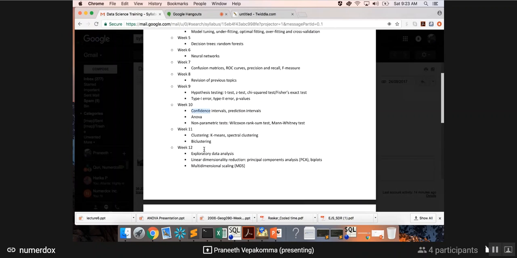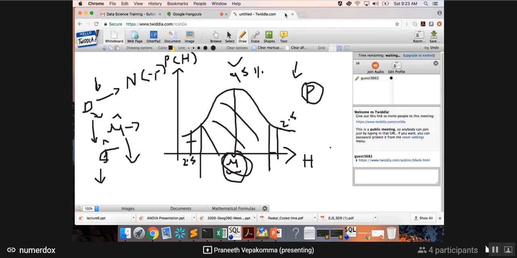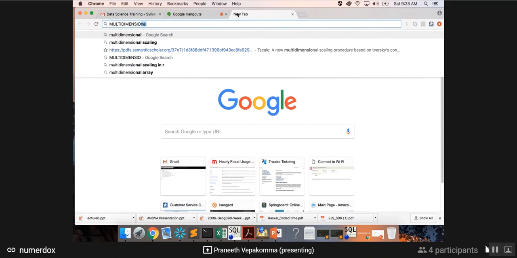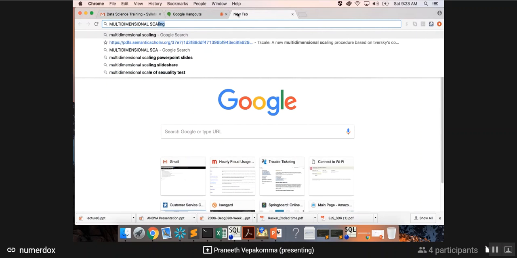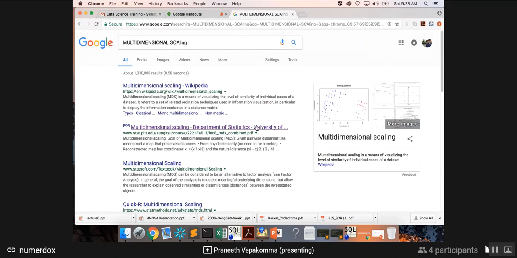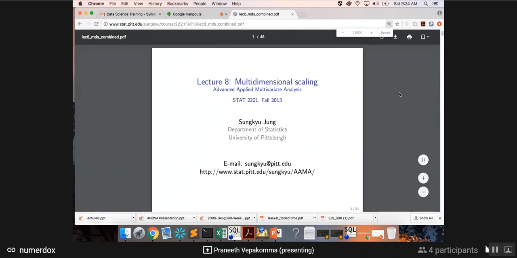Okay, so we covered this part, we covered these two, we have MDS. We covered PCA last time, we have MDS. Multi-dimensional scaling. This is very useful for visualization in general.